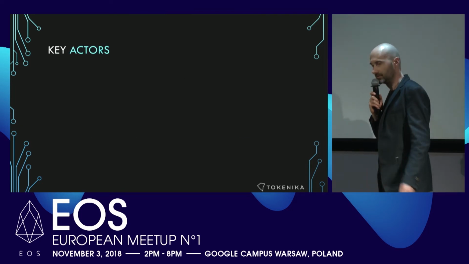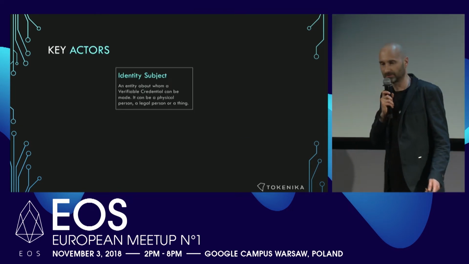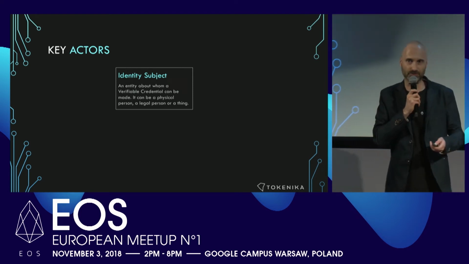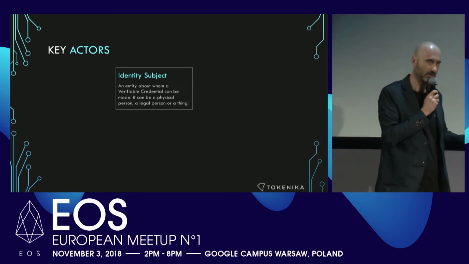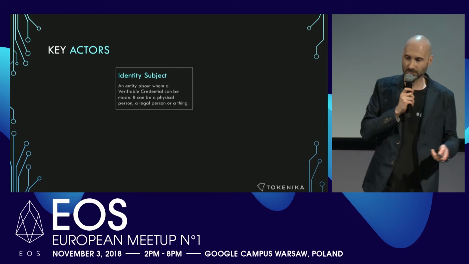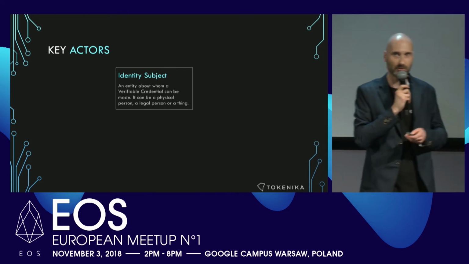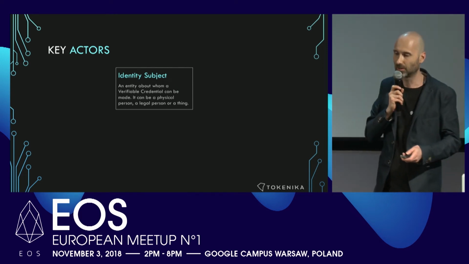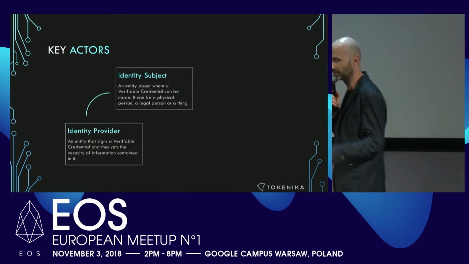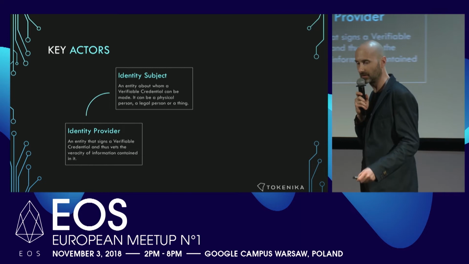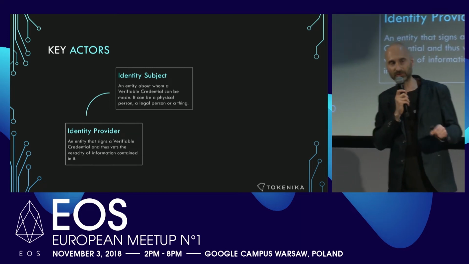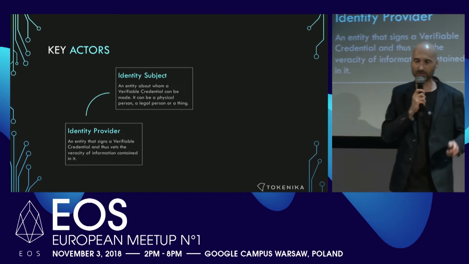And we have those three actors. So we have this identity subject, so it's you. The verifiable credential is about something that concerns you. We have this identity provider that signs this verifiable credential, saying that the information is true.